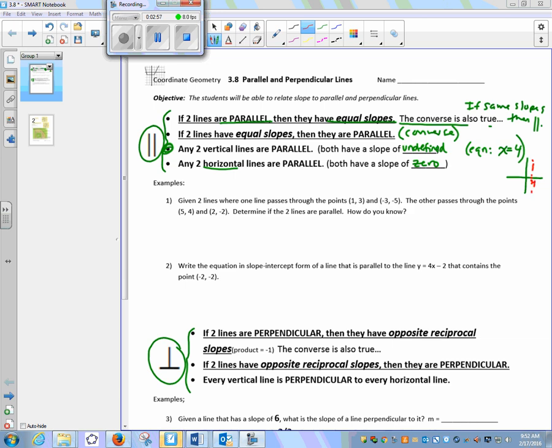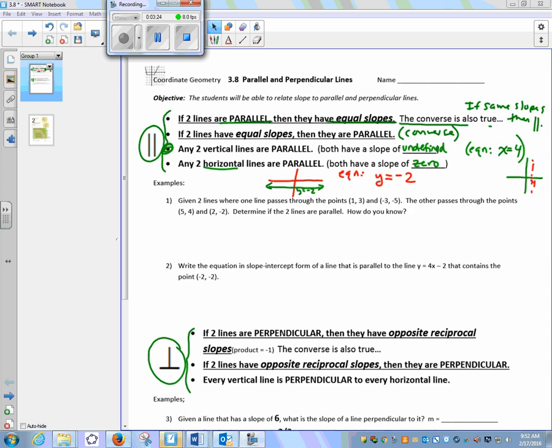Vertical line, x equals 4. And a horizontal line, the equation would be in the form of y equals something. Let's say y equals -2. Here's the coordinate plane. Y equals -2 would be this horizontal line here.